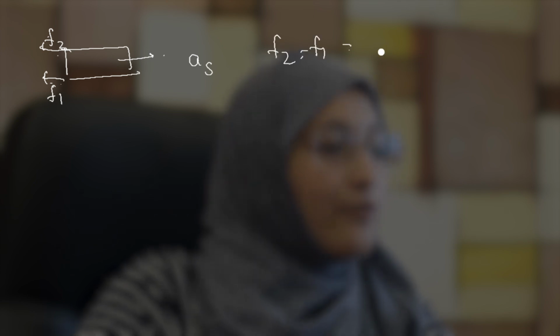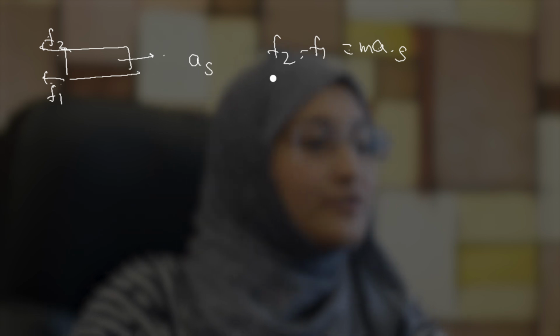So let AS be the acceleration of the slab, which is in the right hand direction, and the forces on it are F2 and F1. So F2 minus F1 will be equal to mass into acceleration of the slab.